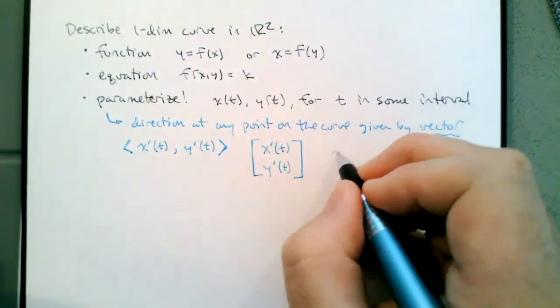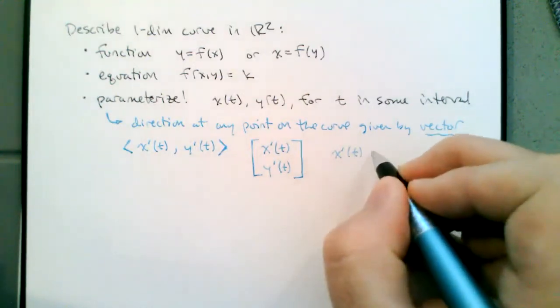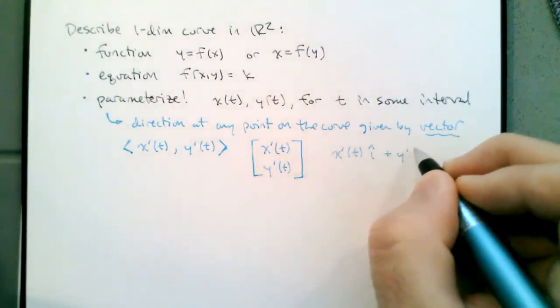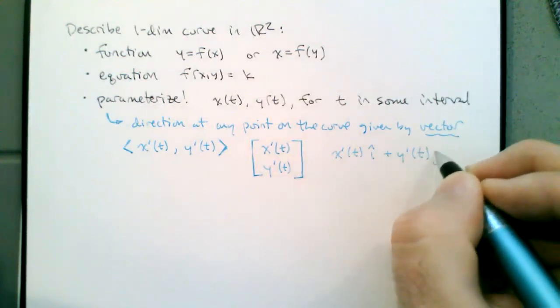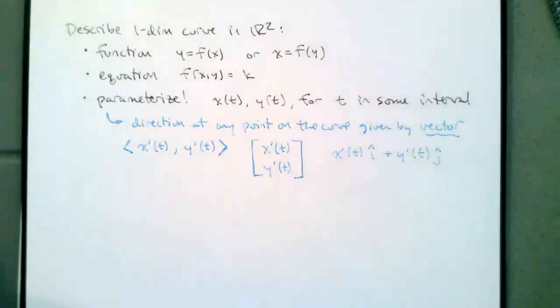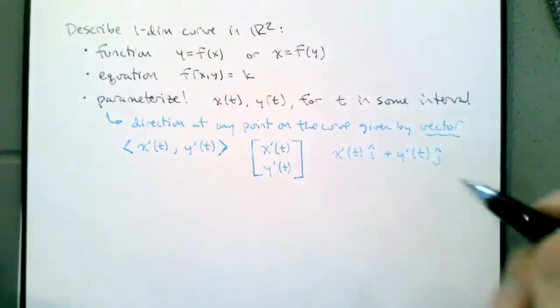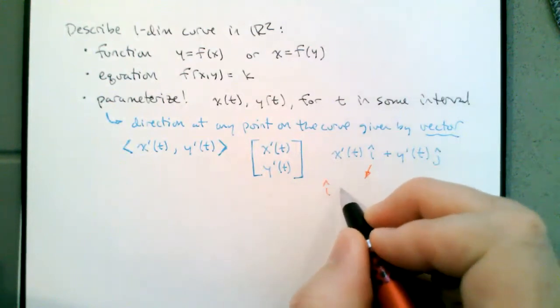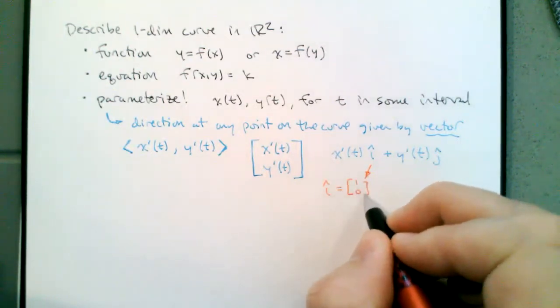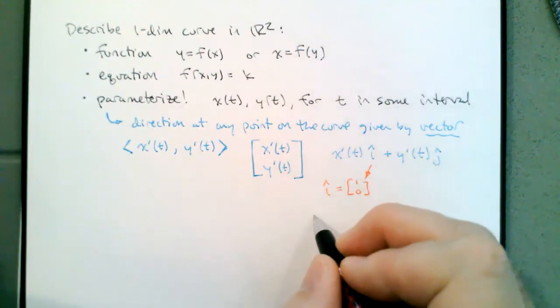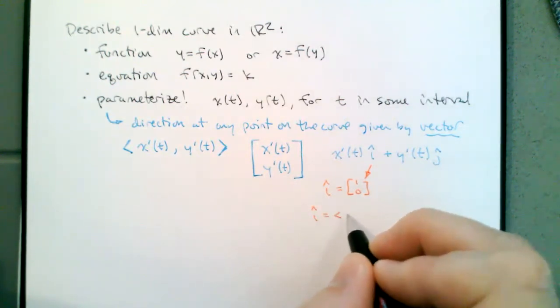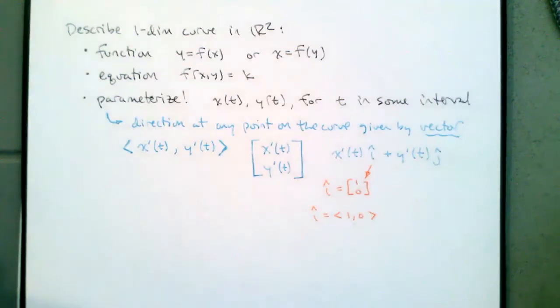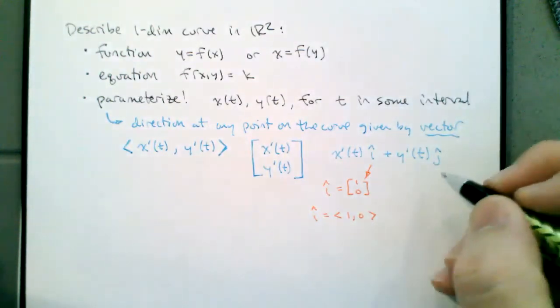So I'll say x prime of t i hat plus y prime of t j hat, where i and j are unit vectors. i hat is the vector 1, 0, and j hat is the vector 0, 1.